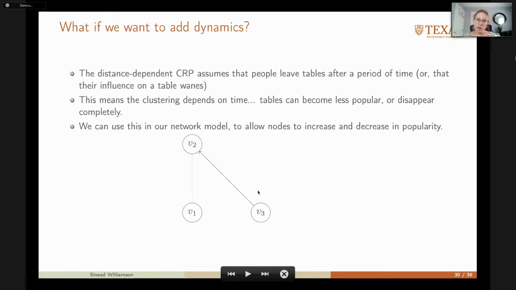So now the probability of picking V3 as a sender is proportional to 1. The probability of picking V2 as a sender is proportional to 1, but the probability of picking V1 as a sender is proportional to 0, right? We've got nothing to repeat back to that.